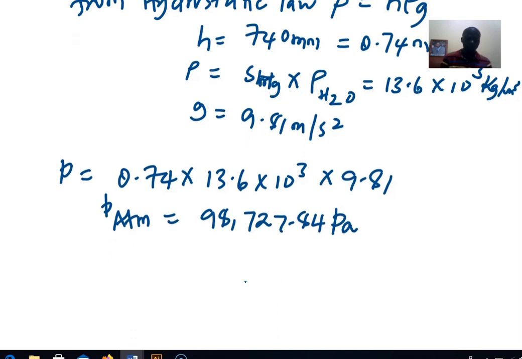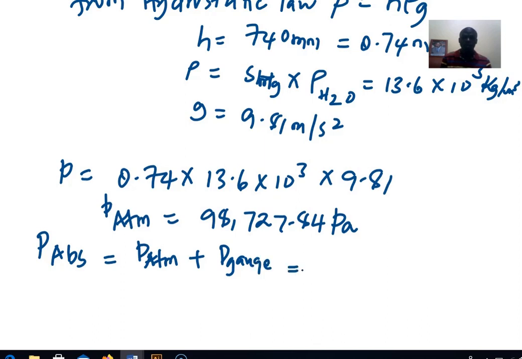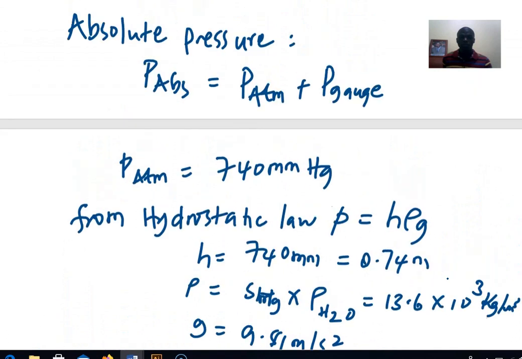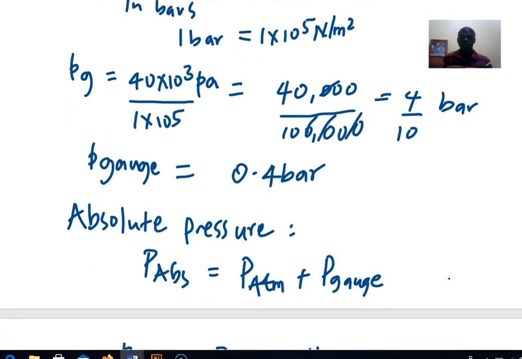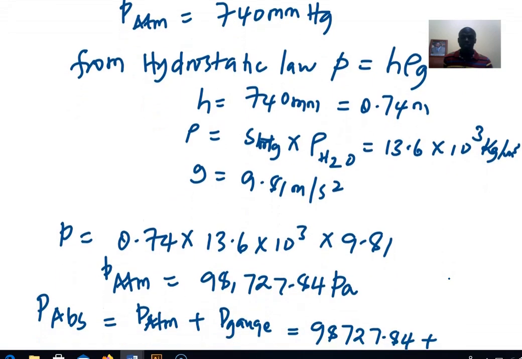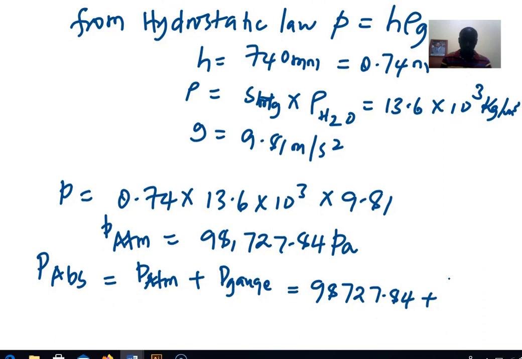So if we are asked P absolute, which is the sum of P atmospheric plus P gauge, then this will equal 98727.84 plus the figure we got above in pascals, which is 40 times 10 power 3.